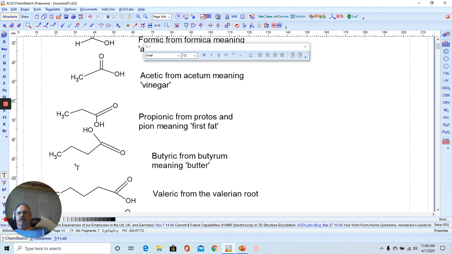Okay, next we have butyric acid, or butanoic in the IUPAC. Butyric comes from butyrum, meaning butter. Butyric acid is also produced from the breakdown of butter fat, and it is found in rancid butter.